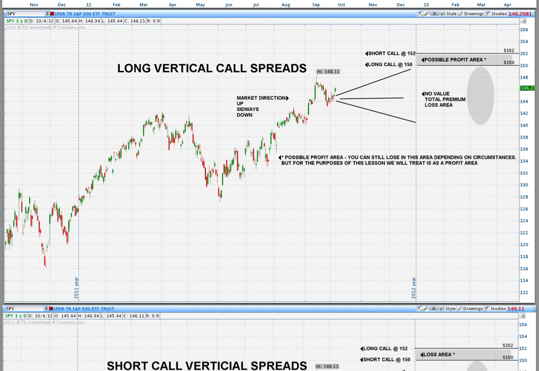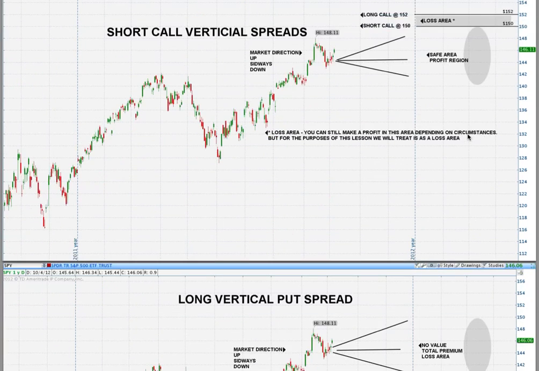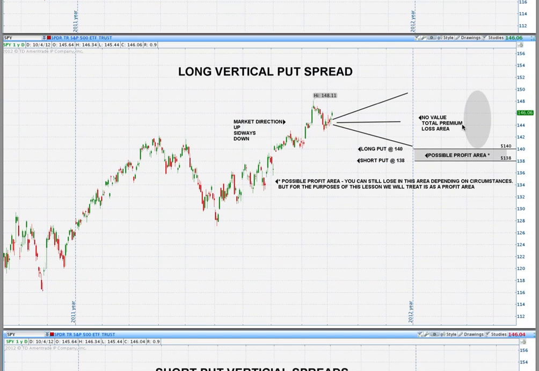The same thing would apply for, let me get rid of this. Same situation would apply for the long vertical put spread. Exact same scenario.